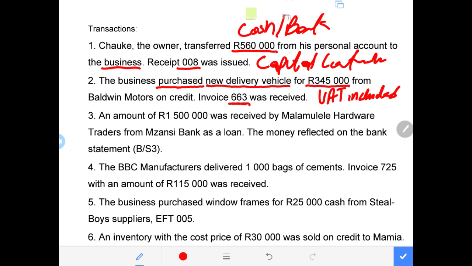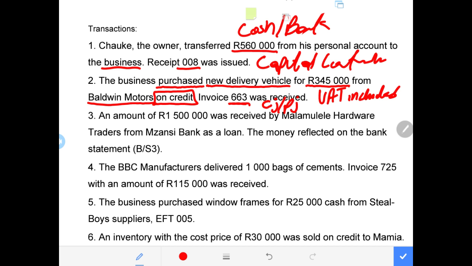How did we buy this motor vehicle? It was bought on credit, from Baldwin Motors. The minute we buy on credit, we know that the creditors journal, or purchases journal, where we record everything bought on credit, is the journal where this transaction will be recorded.